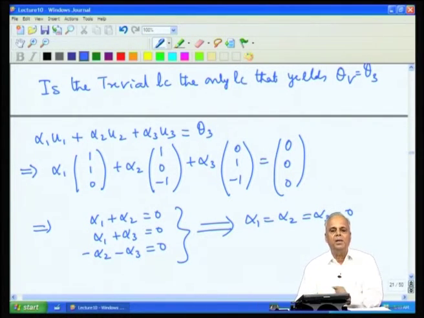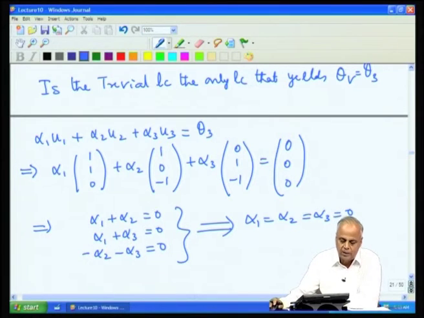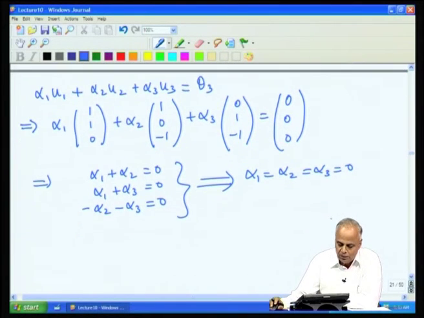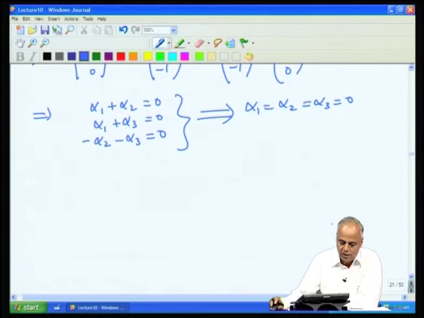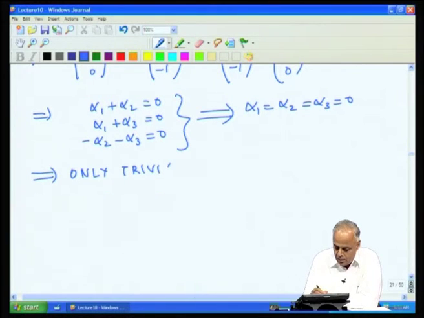So, the only linear combination of these 3 vectors that can yield the 0 vector is the trivial linear combination. Therefore, only trivial LC leads to theta v.